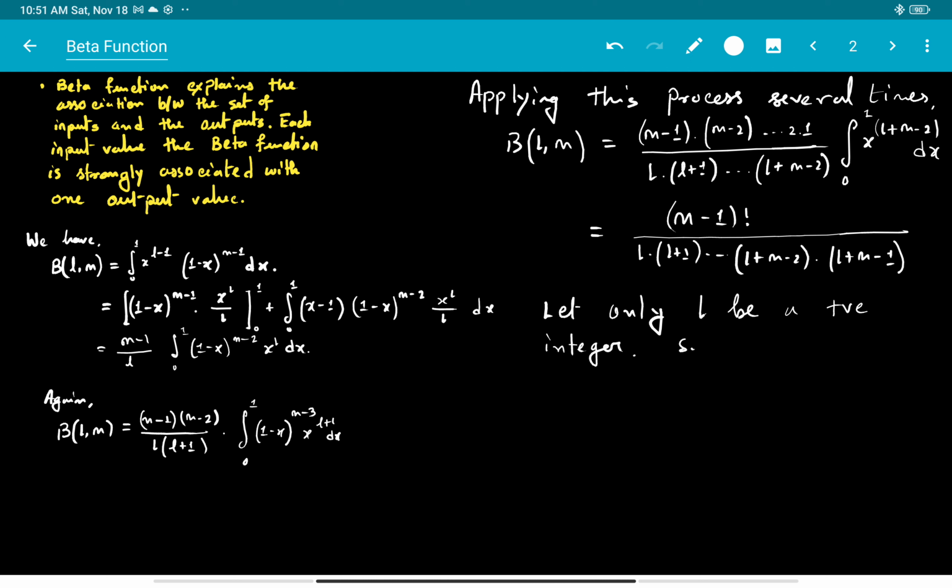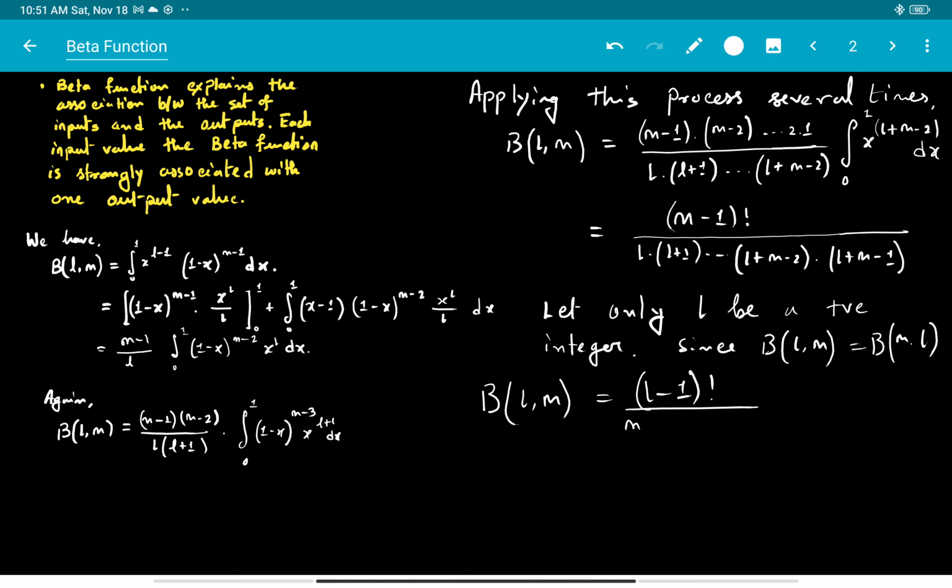Then, since beta L comma m equals beta m comma L, beta L comma m is nothing but (L minus 1) factorial over m times (m plus 1) up to (m plus L minus 1).